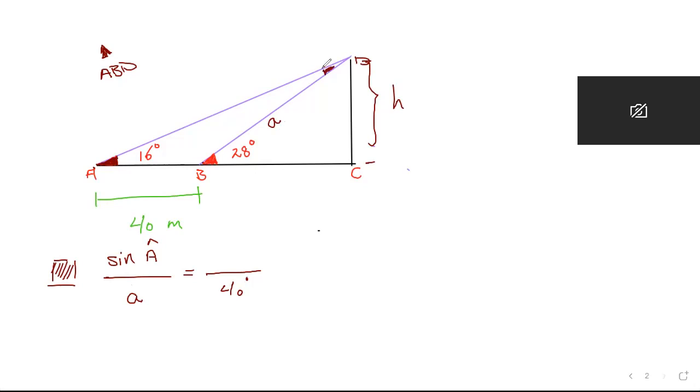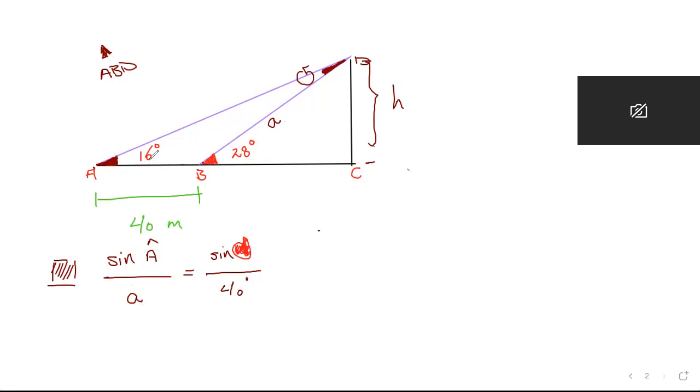Let's call that angle apple. Sine of apple over 40 equals this one.